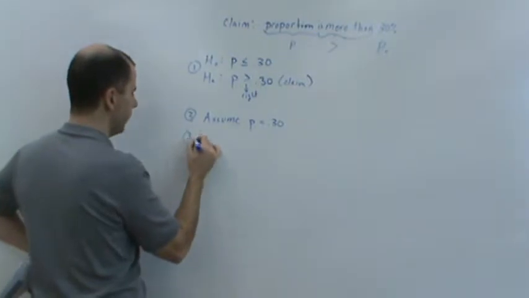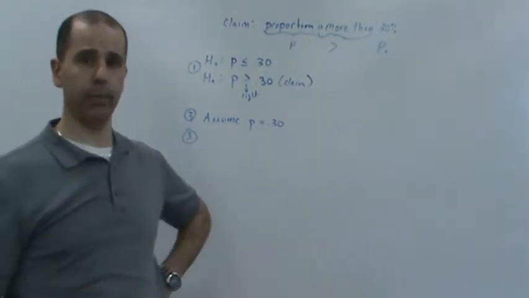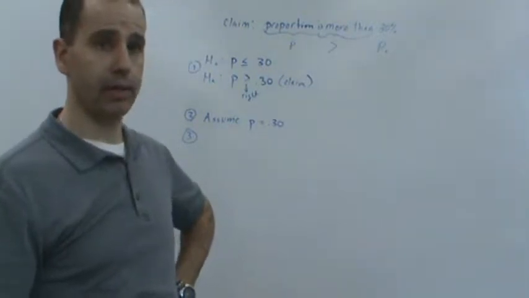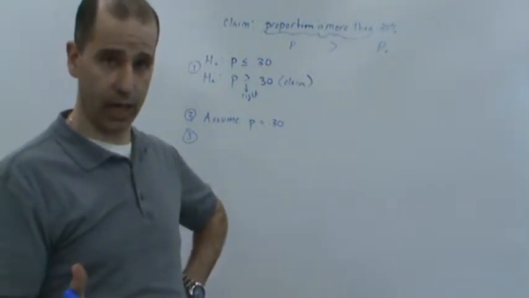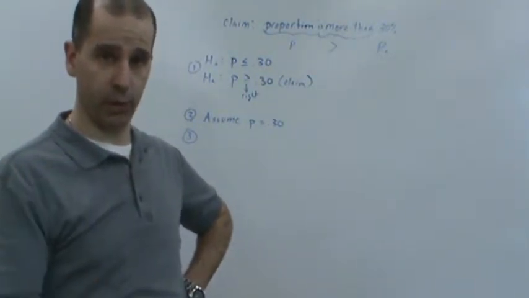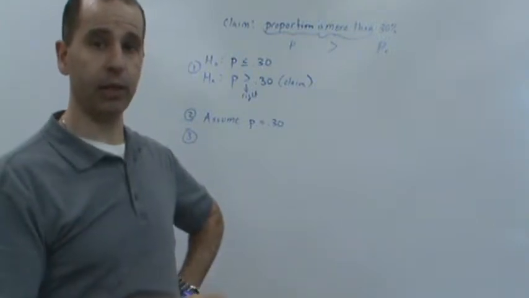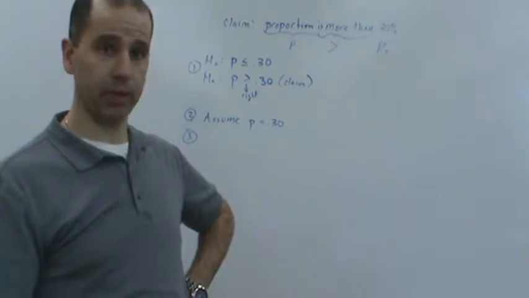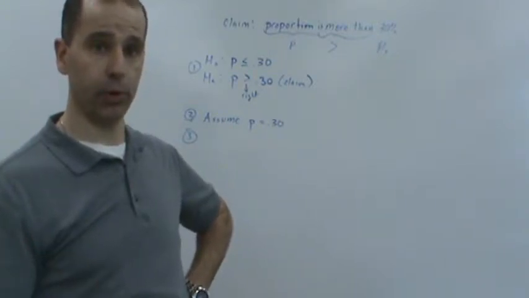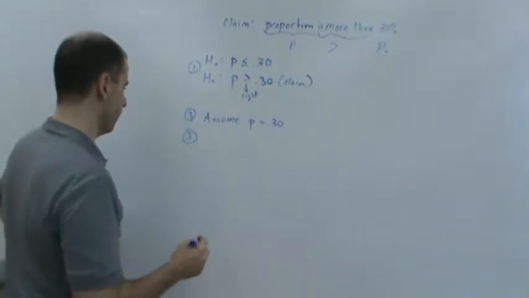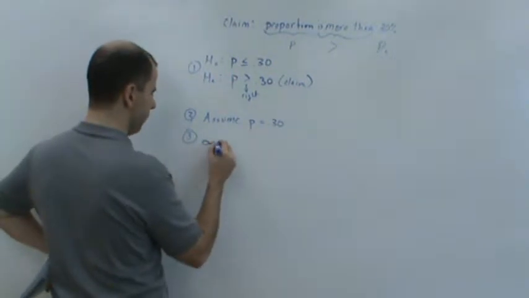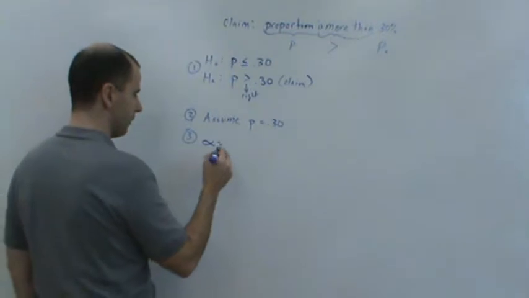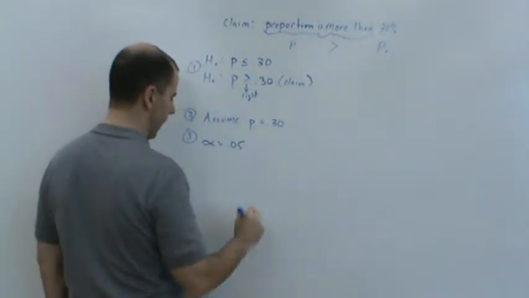Then step 3 is where we write down the information in the problem and then test our conditions, to see if they are satisfied for the distribution that we need. In this case, we need the sampling distribution of p hat to be normal. That's the key. So the first thing is alpha. Alpha in this case is what? A 5% significance level, so alpha is 0.05.